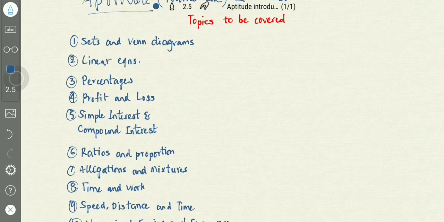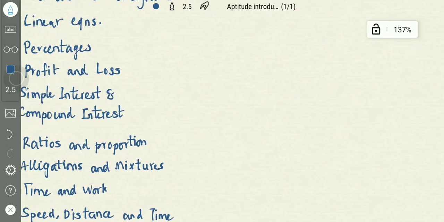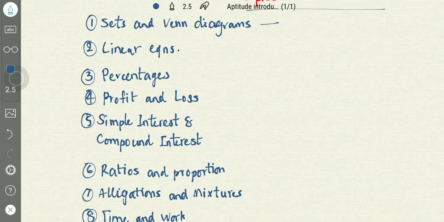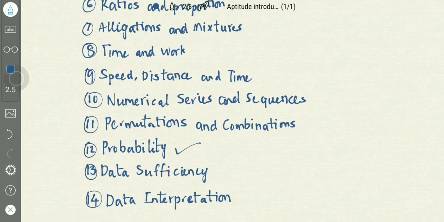So what are the topics to be covered in the numerical ability video course? The first one is sets and Venn diagrams. The questions from sets and Venn diagrams are not directly asked in GATE, but these are useful in solving probability problems.